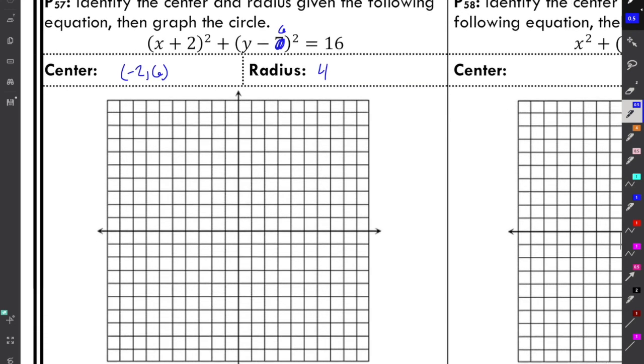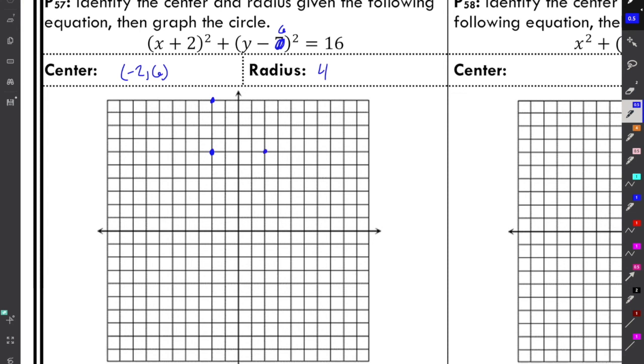All right, so the first thing to do, plot your center. So -2, then let's see, we go up 6: 3, 4, 5, 6. All right, now I need to find 4 points on the circle, and I do that by counting the radius away from the center. So I go up 4 here. This gives me a point on my circle. I go to the right 4, of course, gives me a point on my circle.